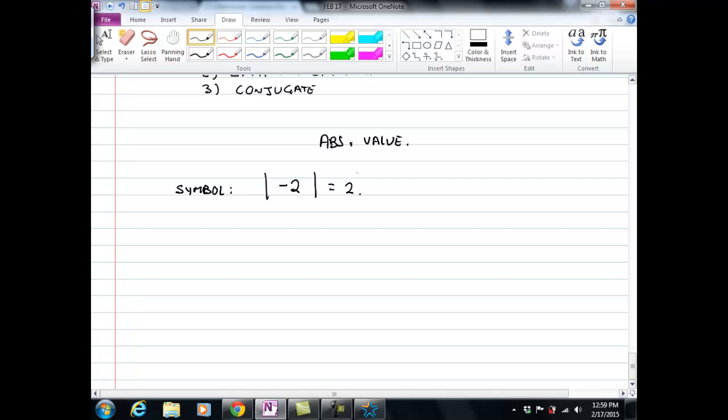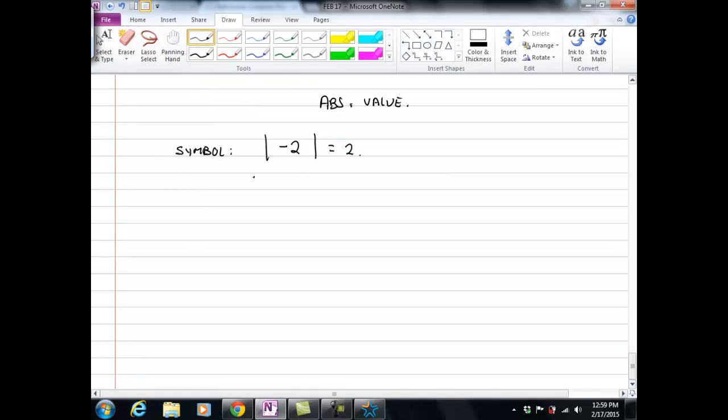But in grade 11, your teacher should have taken it farther. If I give you this, absolute value of x equals 5, what is x? It could be 5 or -5.